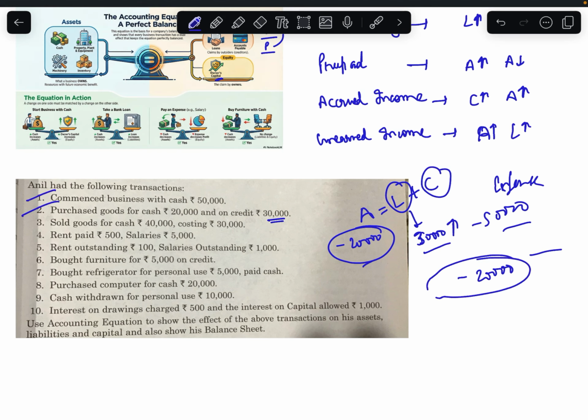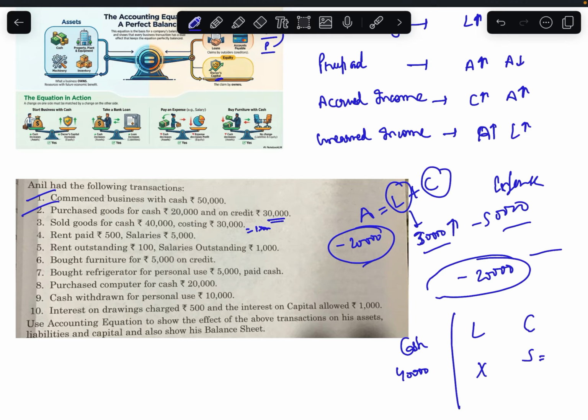Sold goods for 40,000, costing 30,000. Now we have a profit of 10,000 clearly. So cash will come, 40k. Then here it is liability and capital. Will there be a change in liability? No change in liability.